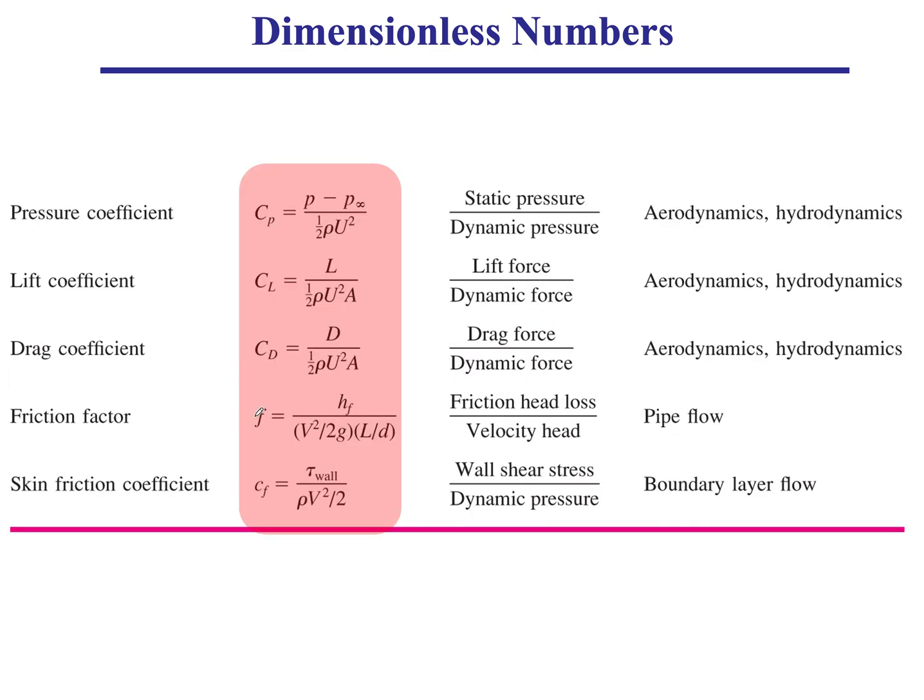And then in aerodynamics, we will be looking at lift and drag coefficients, as well as the shear stress coefficient, or what we call the skin friction coefficient. And maybe we'll look at the surface pressure coefficient.